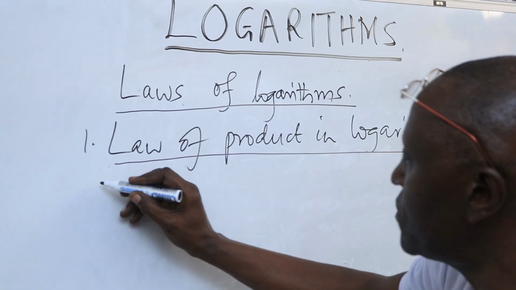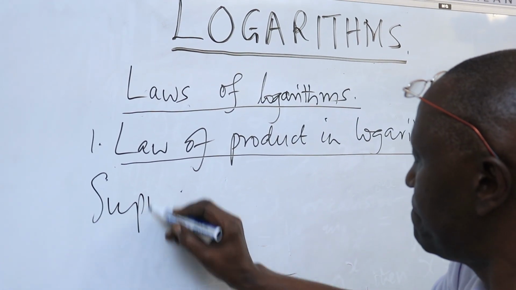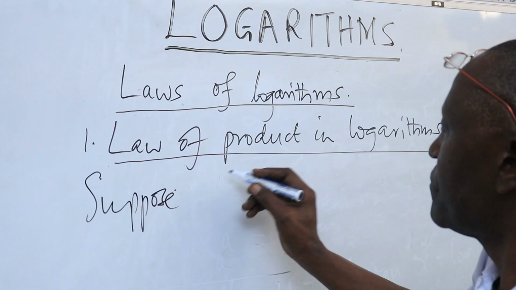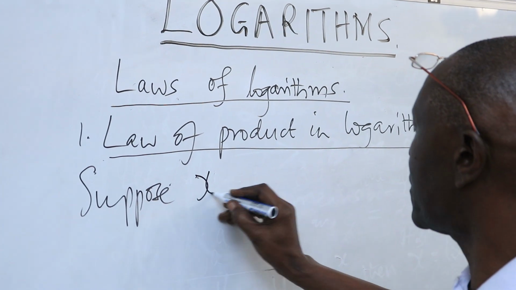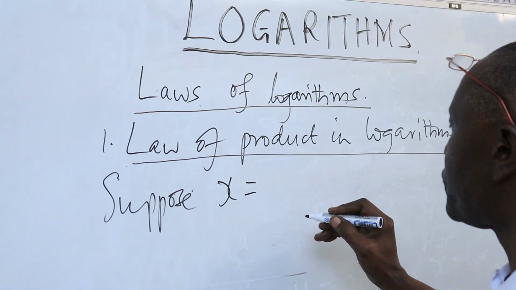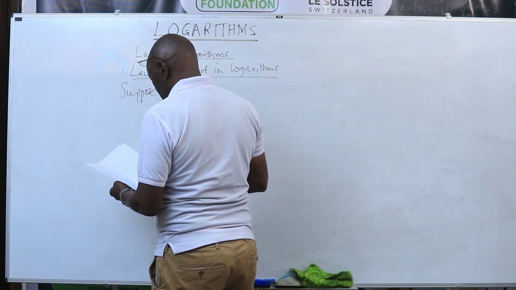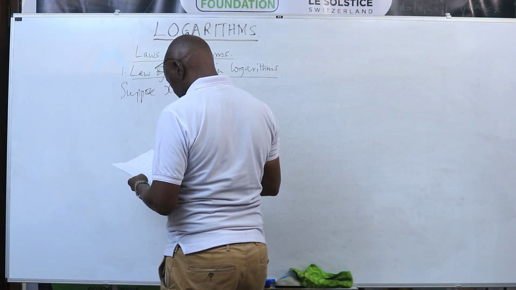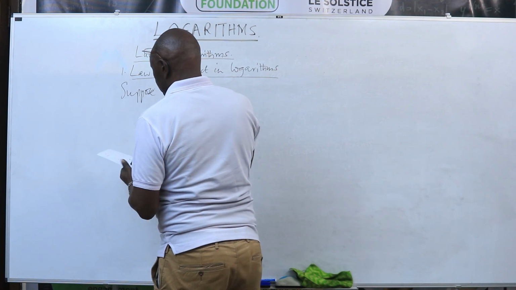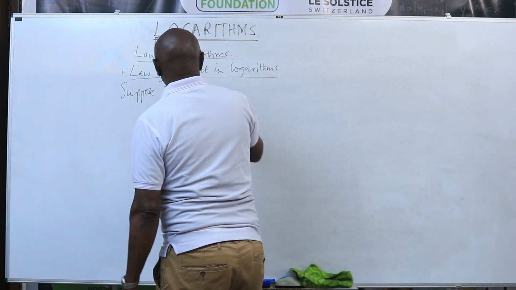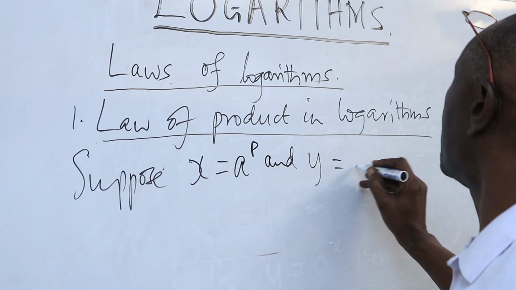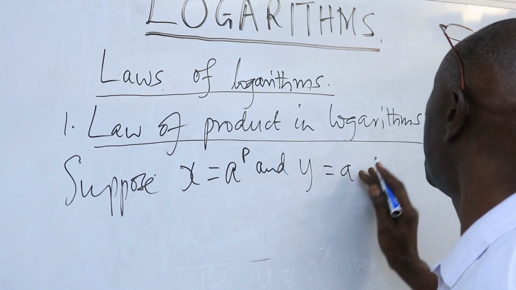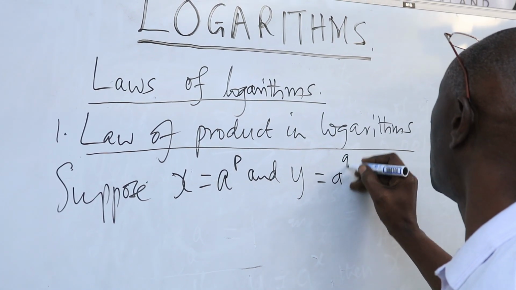Now, suppose x is equal to a exponent p and y is equal to a exponent q.